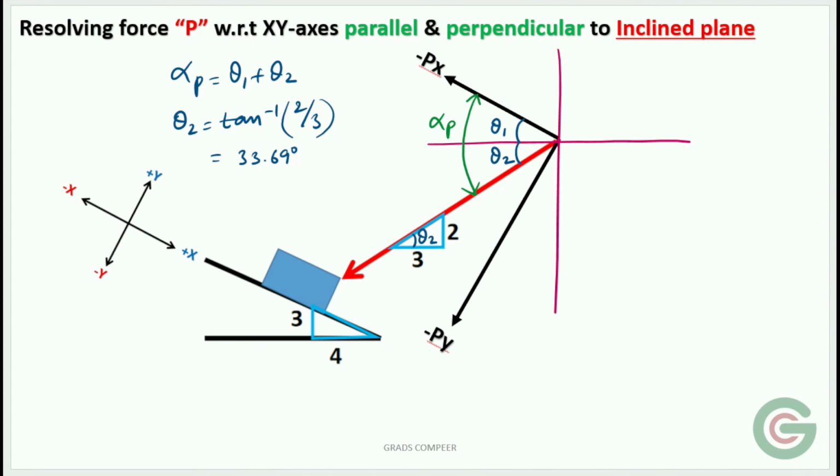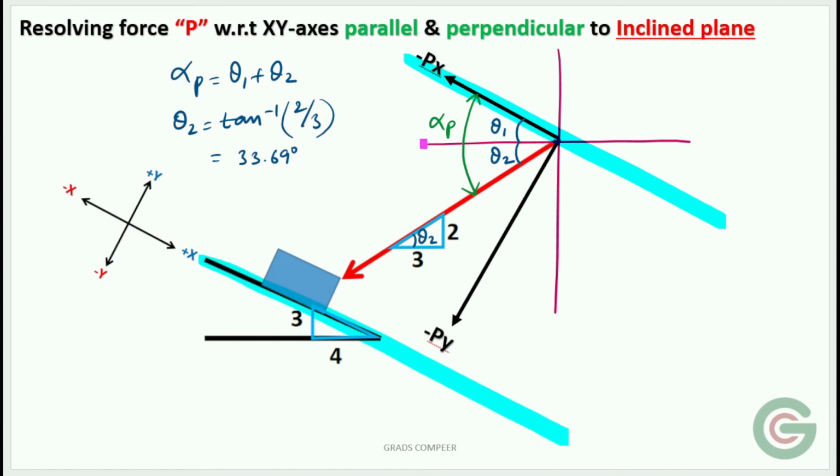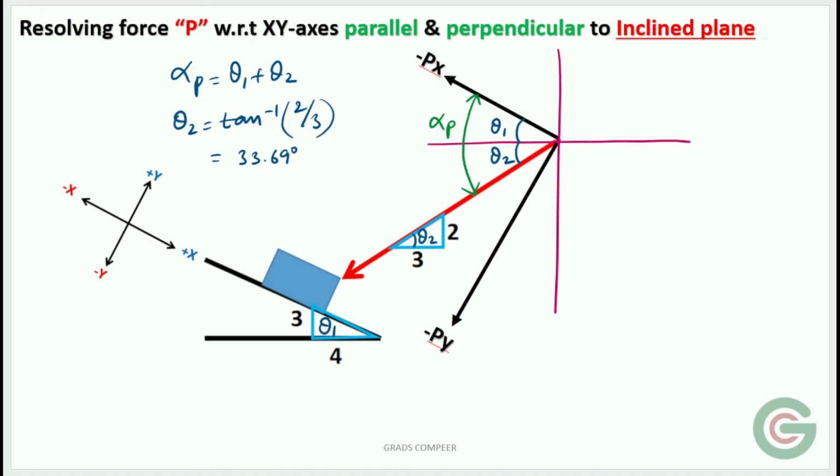Now we will find theta 1. Again, if you observe here, this Px is one line which is drawn parallel to this inclined line. And here we have drawn one line horizontal, and here this line is also horizontal. So these two are parallel lines and these two are parallel lines. So this angle is nothing but equal to this angle. So that means this angle is theta 1.